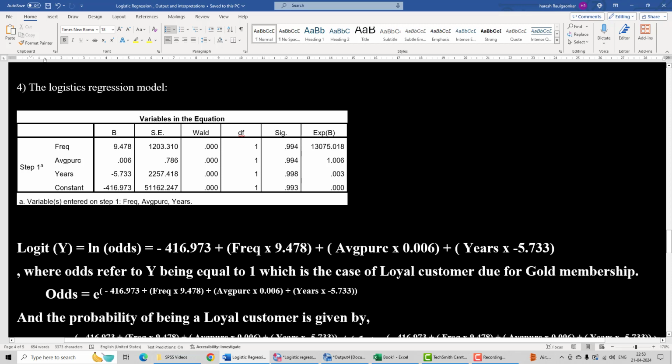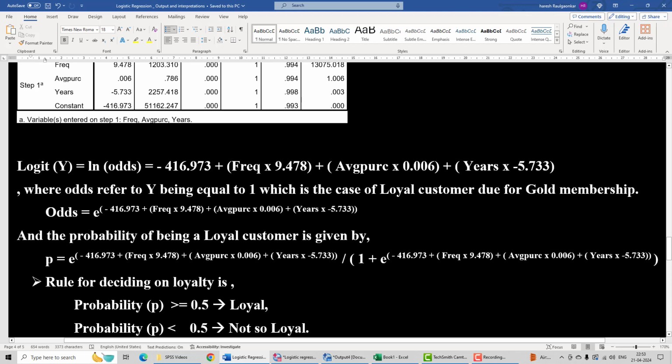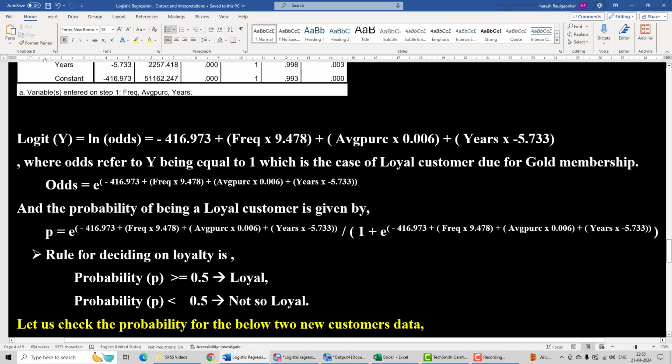This is going to give us the log of odds, and hence odds will be e raised to this expression, and then the probability will be e raised to this expression upon 1 plus e raised to this expression. So this is how we will be getting the probability.